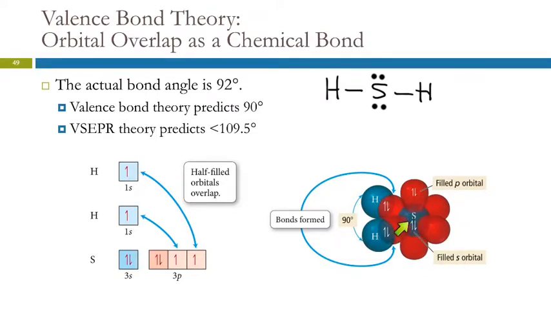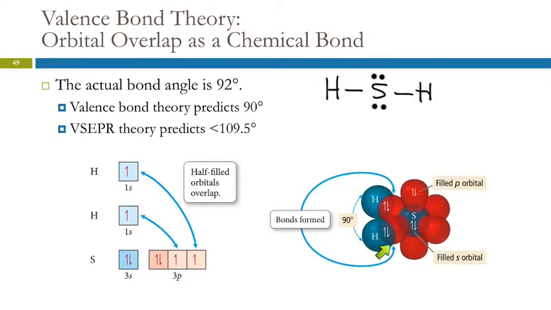What's going on here? Well, here's the sulfur. The blue sphere here is the 3s orbital, and it's full, so we've got two little arrows in there. And then the red ones are the p orbitals. So we've got one going up and down, and the other two are perpendicular to it at right angles. This one originally had one electron.